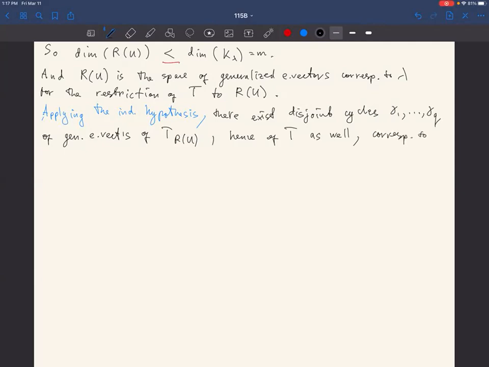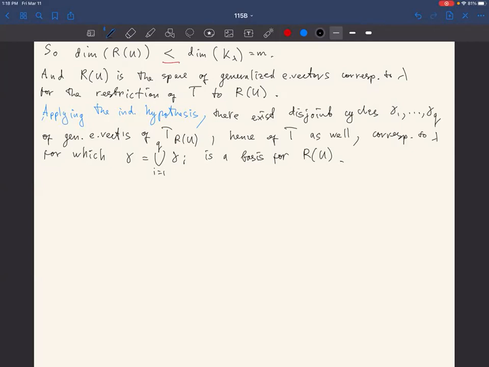So if I take the union, let's denote the union gamma, which is the union of gamma i of all these cycles for i ranging from 1 to q, this is going to be a basis for the subspace, the range of U. So we just applied the inductive assumption to the subspace range of U, smaller dimension, and T restricted to it.